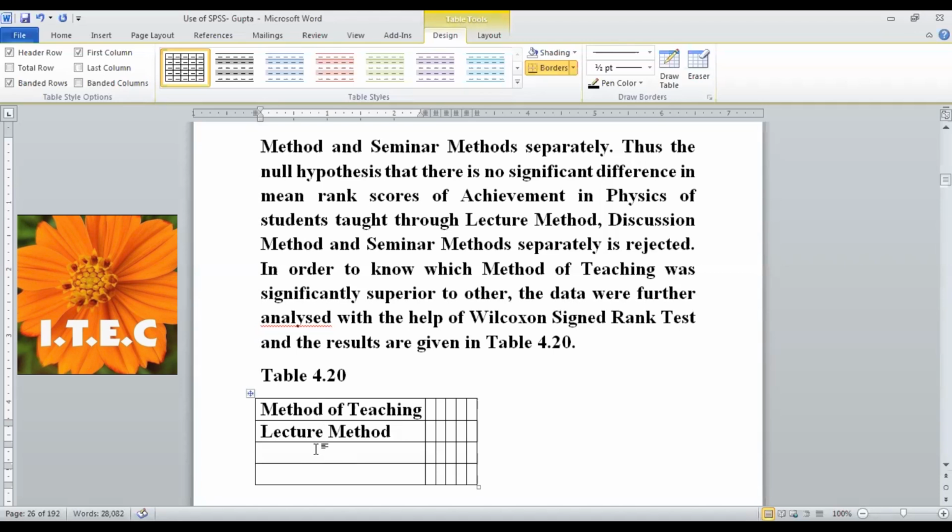Another is my discussion method. And another is my seminar.